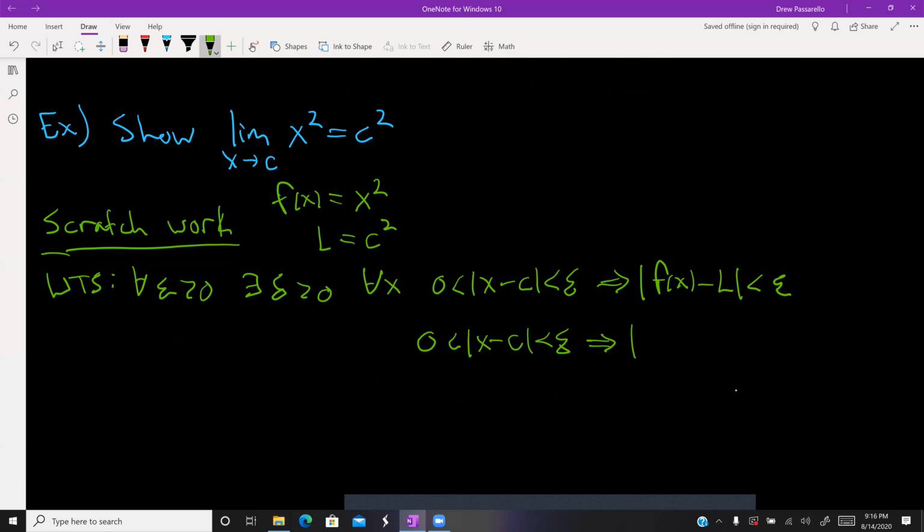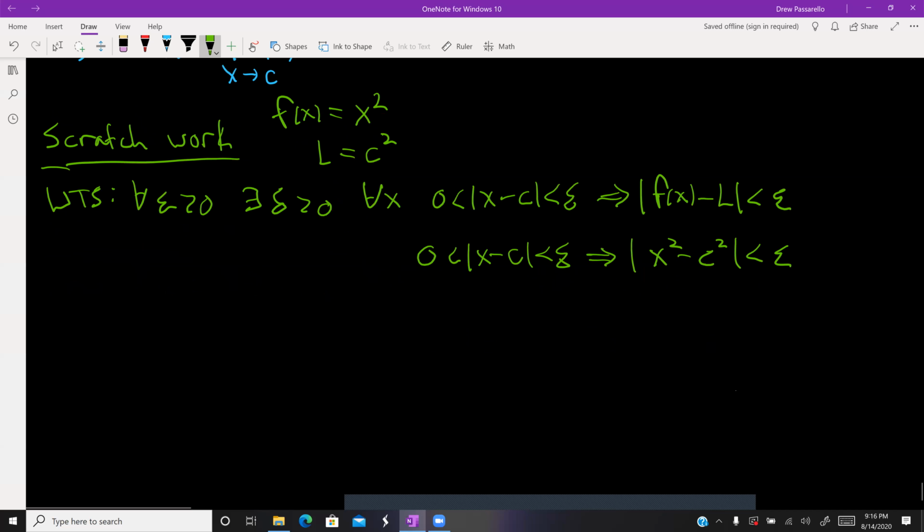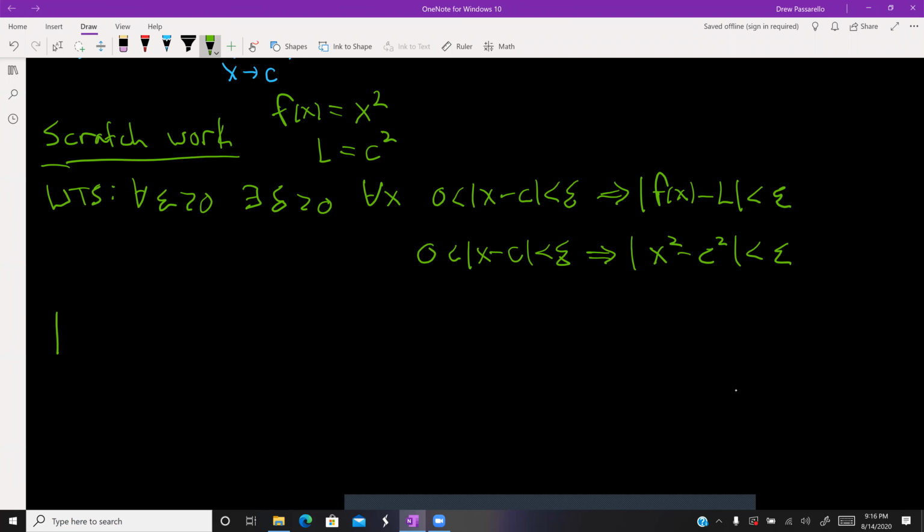So that's going to imply the absolute value of x squared minus c squared less than epsilon. That's what we need to show. Well, we know difference of squares. X squared minus c squared is x minus c times x plus c.